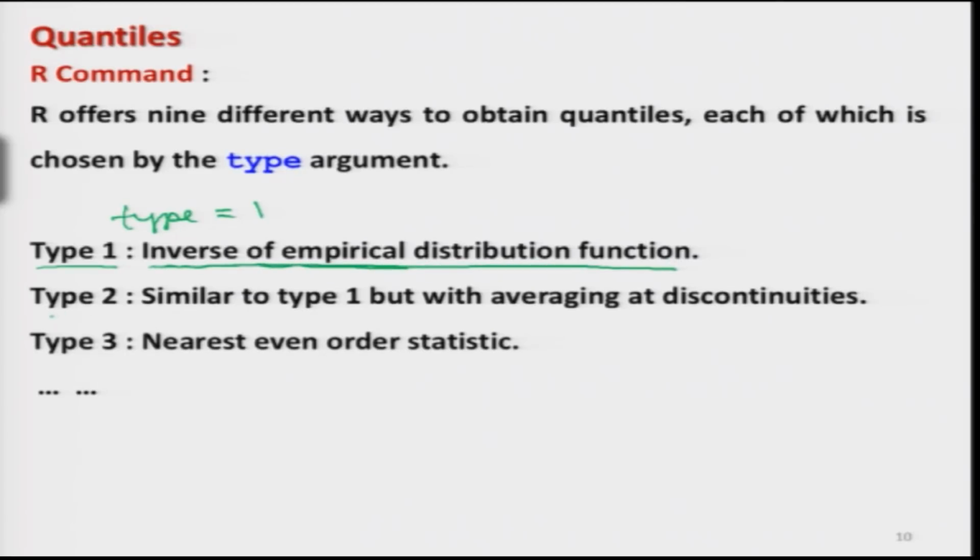If you choose type equal to 2, this is similar to type 1, but in this case the averaging has been done at the points of discontinuities. And similarly, if you choose type equal to 3, then this is based on the nearest even order statistics. But definitely I am not going to discuss these types of algorithms here; my simple objective is how to use them on the given set of data.